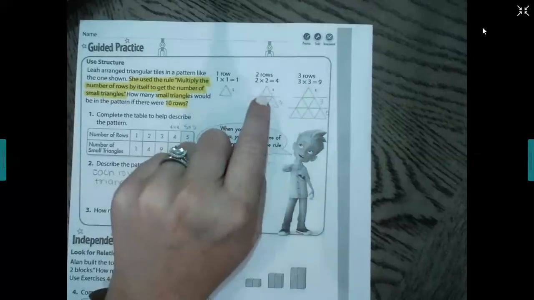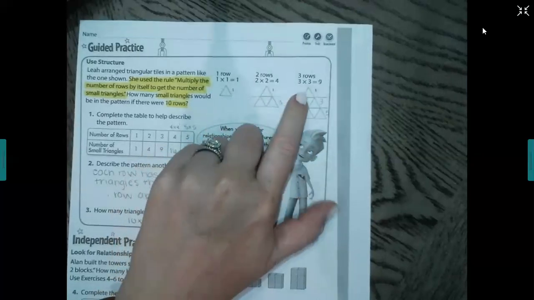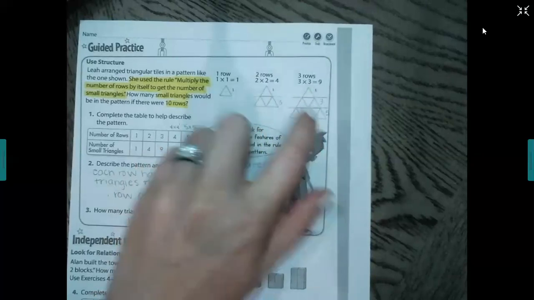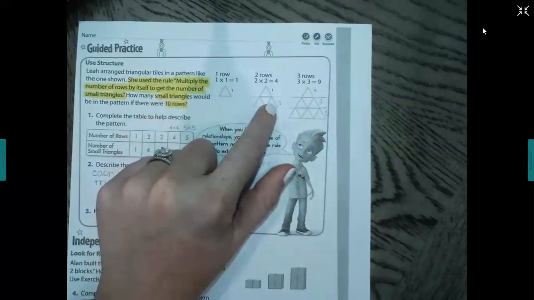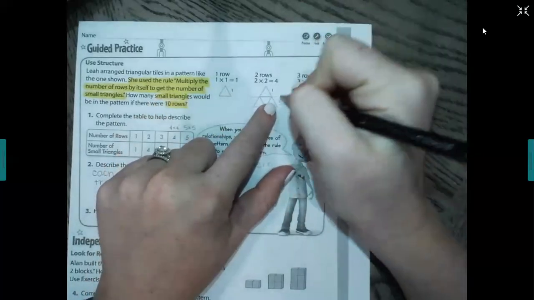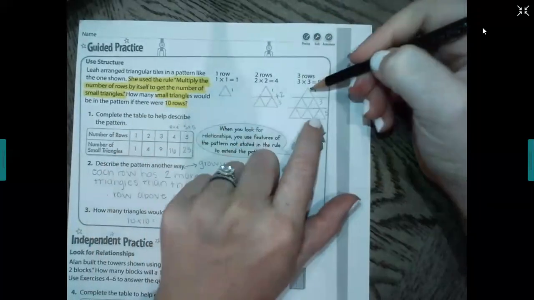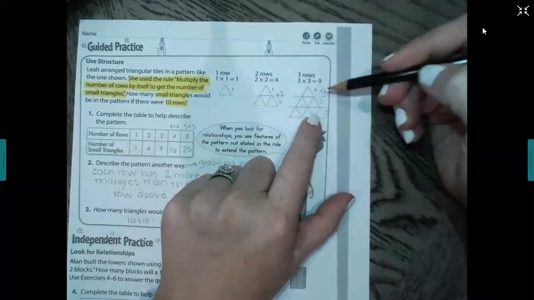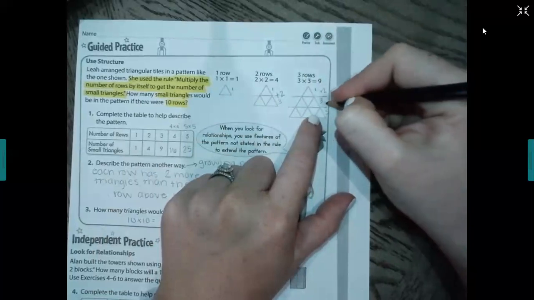What is the relationship? Each row adds more triangles, but how many more do I add each time I add a row? So if I go from 1 to 3, I'm adding how many? 2. So 1 to 3, I'm adding 2. How many am I adding 3 to 5? 2 again.